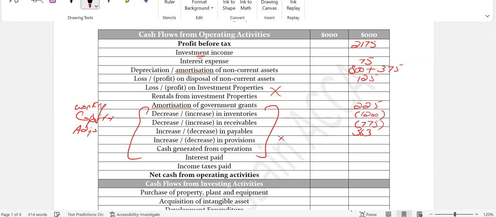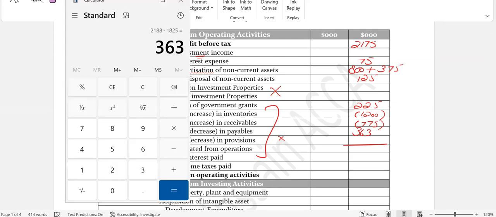There is no provision in the question, so we get the cash generated from operations. Again, using the calculator: 2175 plus 75 plus 800 plus 375 plus 125 plus 225, right?